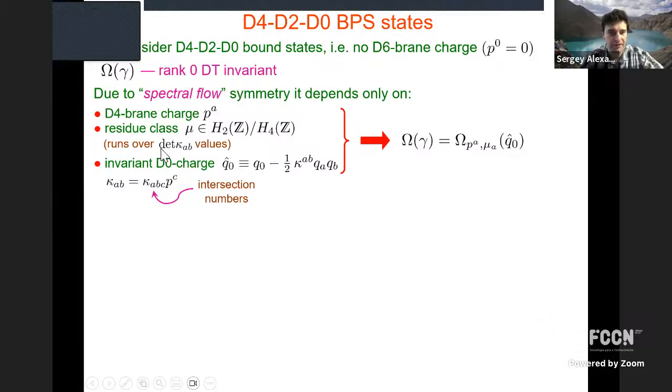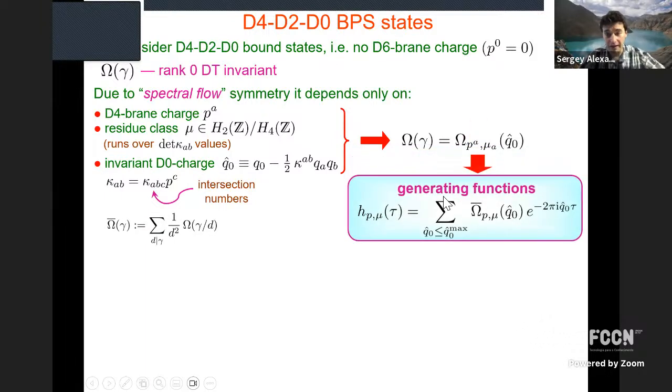Namely, the number of values is equal to the determinant of a quadratic form constructed from the intersection numbers of the Calabi-Yau and the D4 brane charge. And therefore, I can denote my BPS index as an index labeled by the D4 brane charge and this residue class, and it depends on this invariant D0 brane charge.